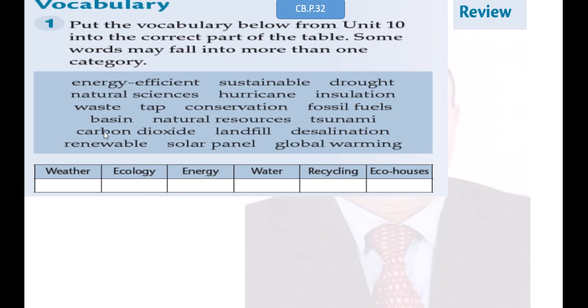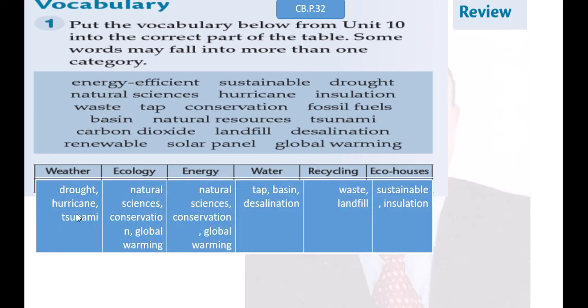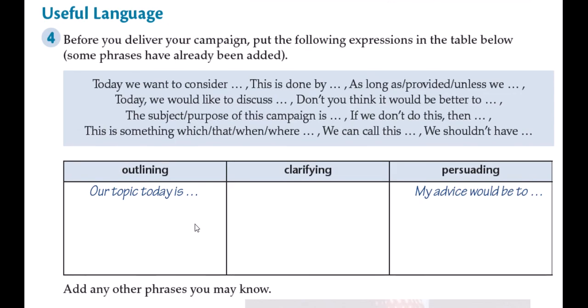Here we have to put these words under every column. For example, drought, hurricane, tsunami, words that relate to ecology, natural sciences, conservation, global warming, energy, water, tap, basin, desalination, recycling, waste, landfill, eco house, sustainable, and insulation.